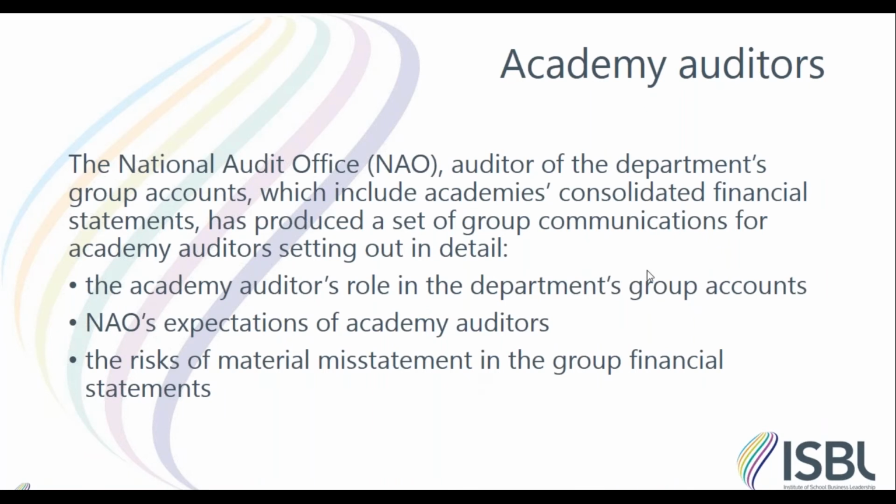The National Audit Office, auditors of the department's group accounts, which include academies, has produced a set of clear expectations: the academy auditor's role in the department's group accounts, the NAO's expectations of academy auditors, and the risks of material misstatement in the group financial statements. So an important, very important oversight role there.